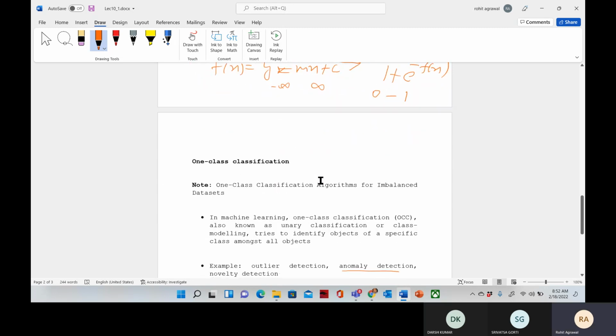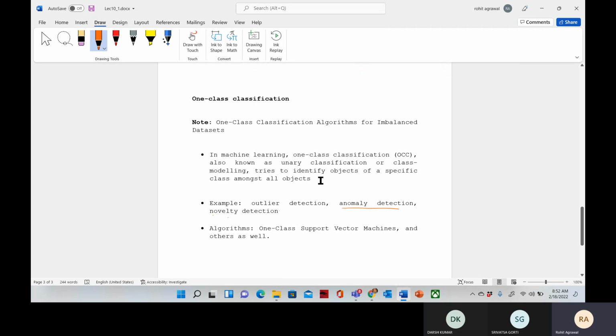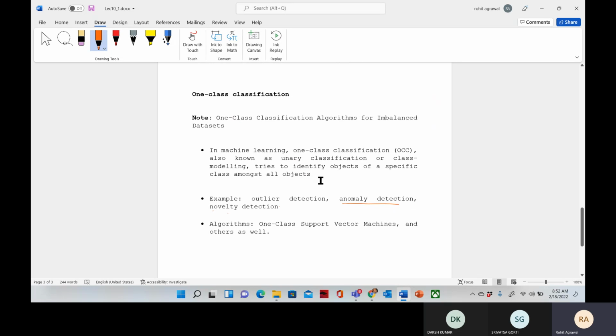One class classification is just an alternative for imbalanced data, as we discussed yesterday as well. If you search the internet, you will find this one class classification algorithm for imbalanced data that we discussed above. Imbalanced data means anomaly detection, fraud detection, outlier detection, novelty detection. Novelty means you have a lot of data and you just need to find some novel things. This is also called one class classification, because you are not classifying into two classes.